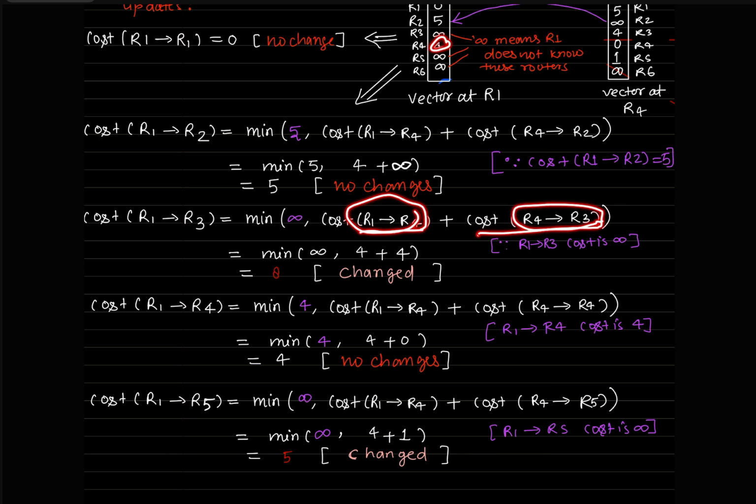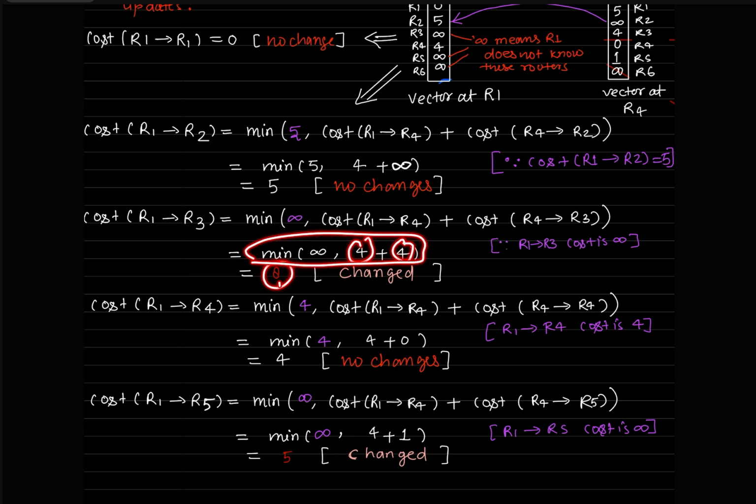R4 to R3, can we reach? Yes, we can reach. This is 4. So 4 plus 4 becomes 8. If you take the minimum of these two numbers, it is 8. Earlier it was infinity, and now it has become 8. Then we make the change in our vector corresponding to this router.